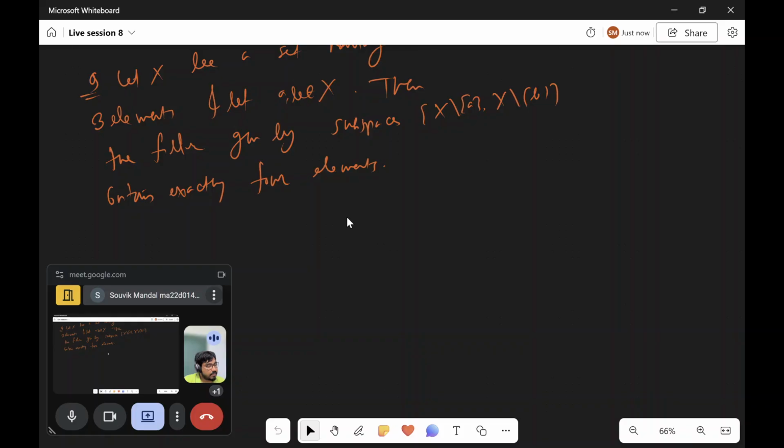So X is a set having at least three elements and a, b belong to X. Then the filter generated by X minus {a}, X minus {b} contains four elements. So true or false? Take your time, think about it, let me know.